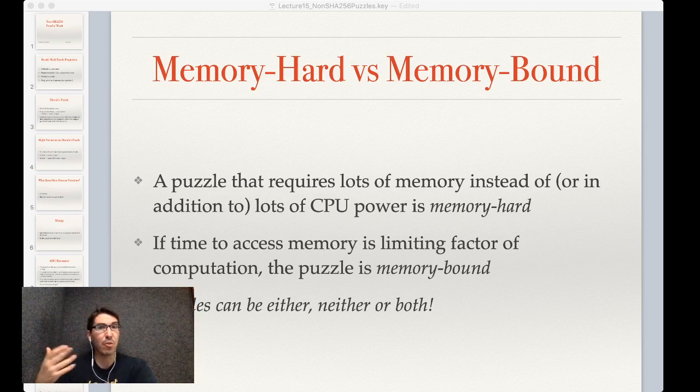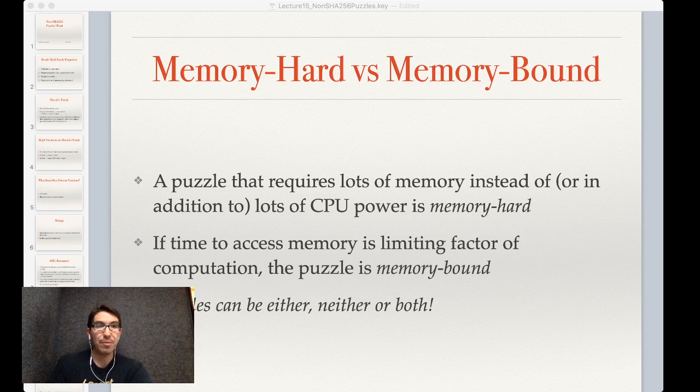Something could be memory hard, requiring a lot of memory, but it turns out that the CPU usage is the limiting factor. In that case, something is memory hard but not memory bound. You may have an algorithm where accessing the memory is the limiting factor, but it doesn't really require a lot of memory. That would be something that's memory bound but not memory hard.